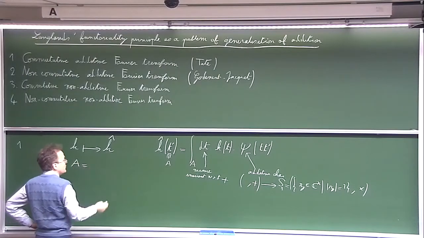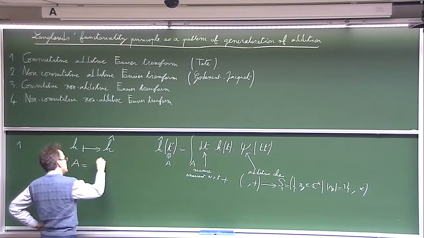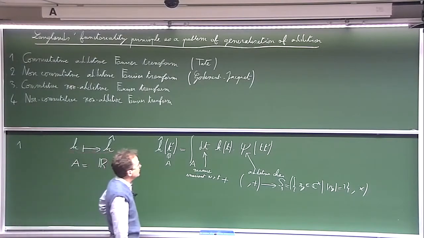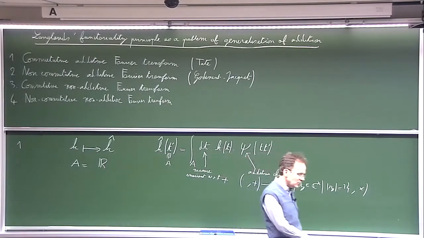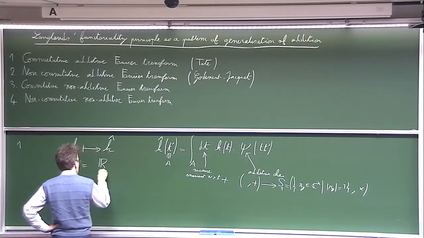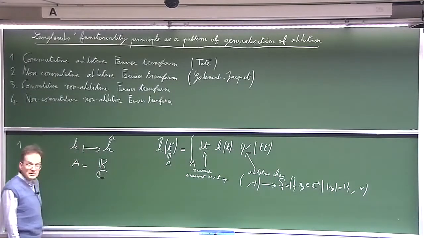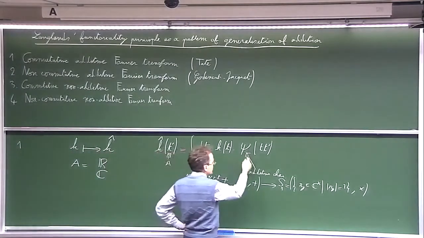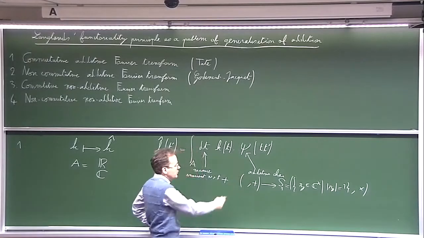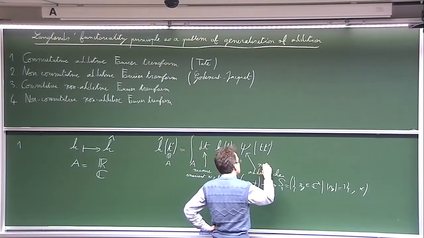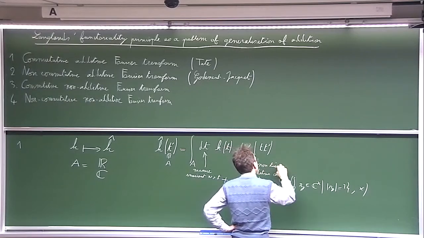Of course, the most classical Fourier transform is for R, the topological group R, endowed with addition. But it can also be C, also endowed with addition, and there it means that on C you have to choose some additive character, which of course is non-trivial.